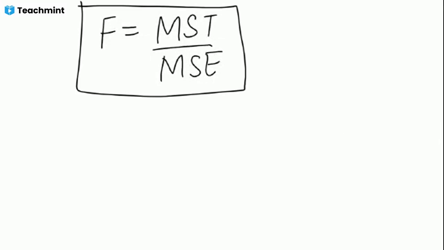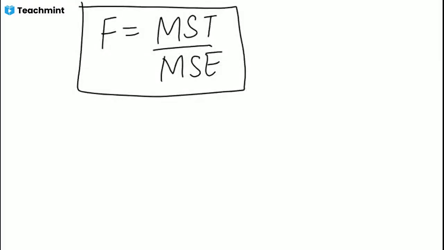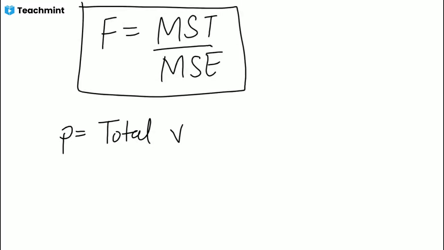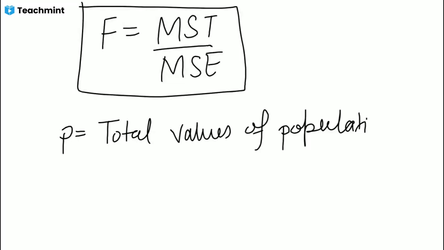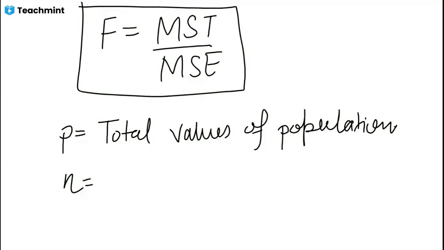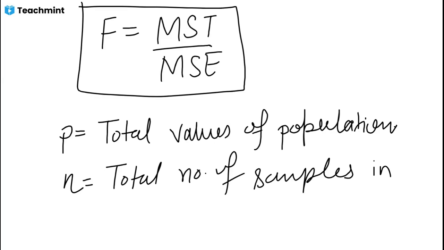And here P is the total number of values of population, and N is the total number of samples in the population.